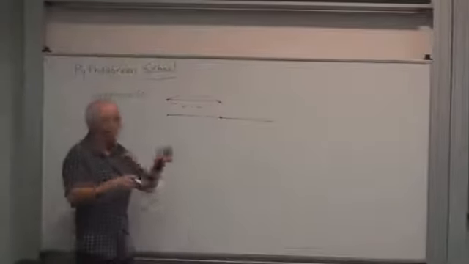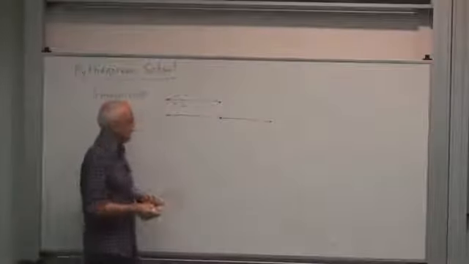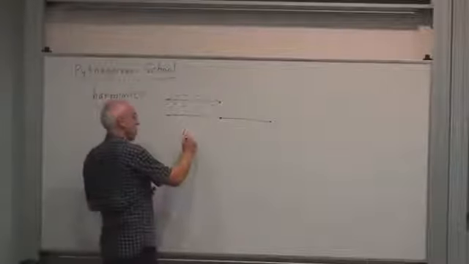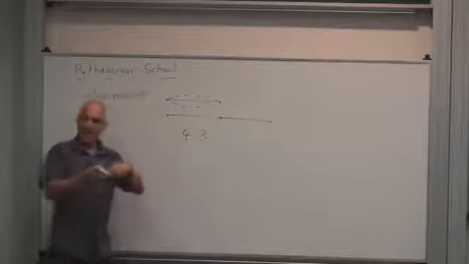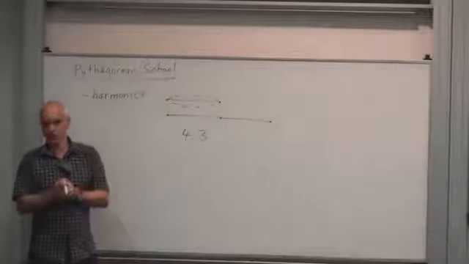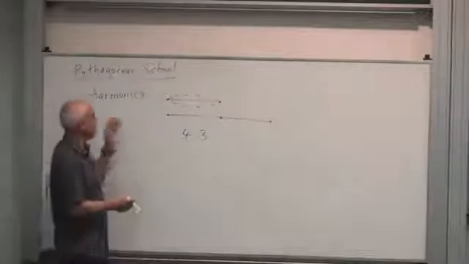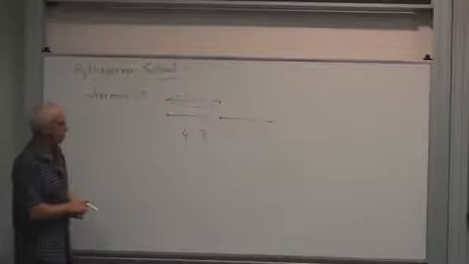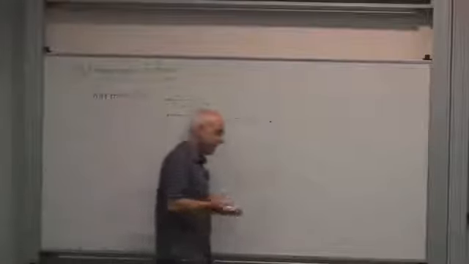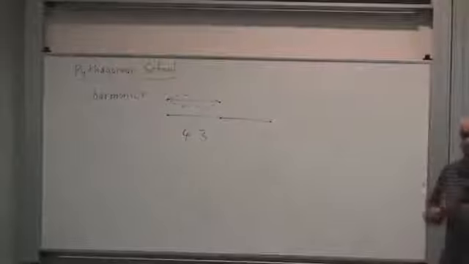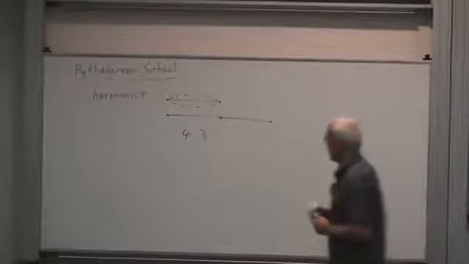They also discovered that a perfect fifth was given by another proportion. I can't remember offhand what it was. A perfect fourth is another proportion. Proportions between whole numbers had a direct connection with musical notes. So they had a kind of theory of music based on the ratios of whole numbers. And they had this idea that number could be used to describe almost everything in the natural world. Okay?